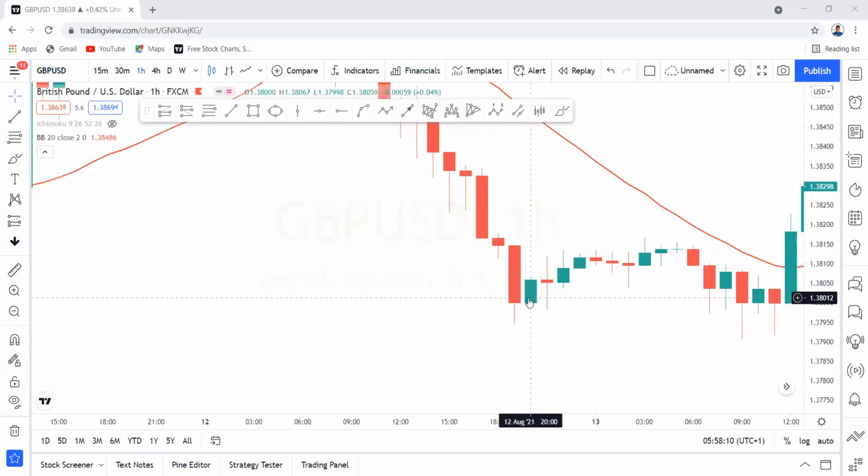When you find this candlestick in a zone of value, which is a support zone, you're looking out for a buy. And if you find this same candlestick in a resistance zone, you're looking out for a sell.